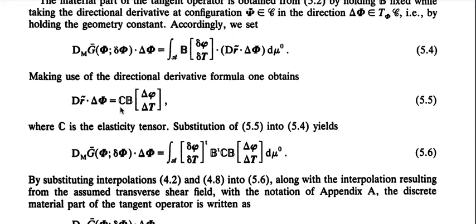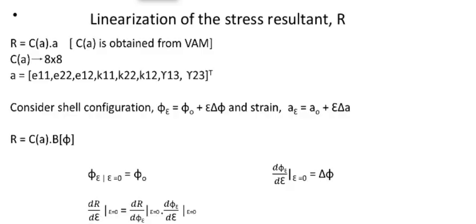So this relationship, equation number 5.5, will not be so simplistic. Instead there will be some more terms. We need to consider the derivative of C first and keep this as constant, plus C times the derivative of this. Like that we have to proceed. So here I am going to present a small derivation of the same thing.